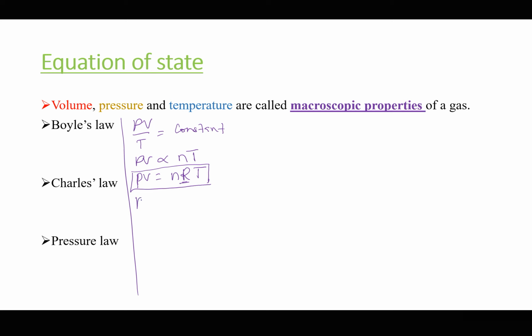So what is R? R is called the molar gas constant. Sometimes it is called the universal gas constant, simply because it has the same value for all gases.